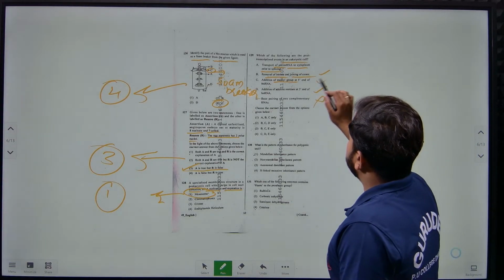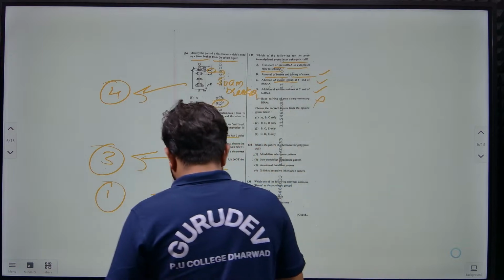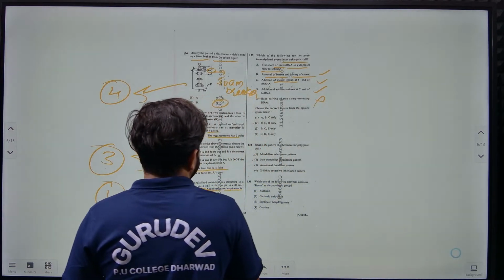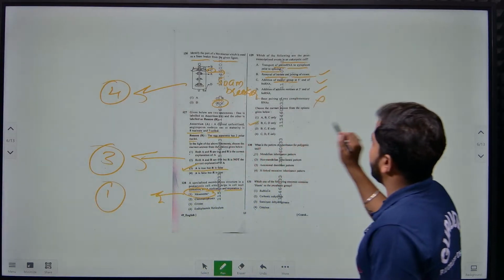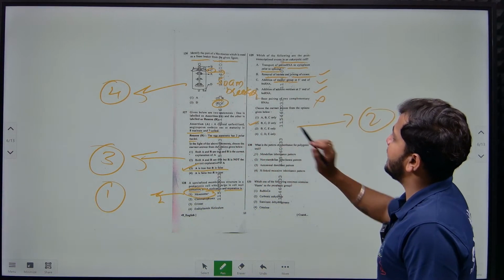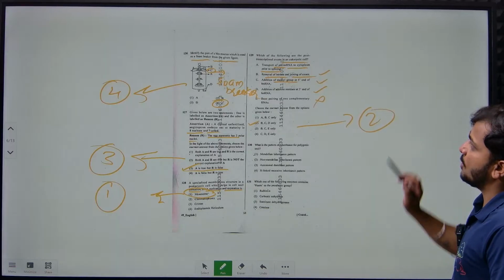So here B, C and D is correct, right? So that is related with option 2, which is correct, right? So here B, C and D is correct, right? So option 2 is correct.